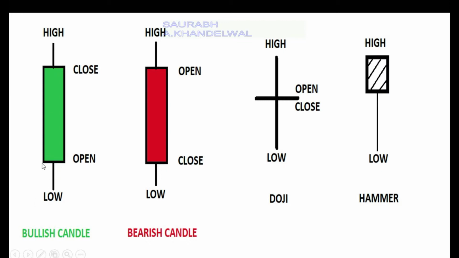So we'll see during the day, the price opened here. As we say, this is an opening price. During the day, it moved downwards, making a low. This was the lowest point of the day. And then it started moving up and made a high. This is the highest point of the day. And then it closed here, resulting in a green candle.